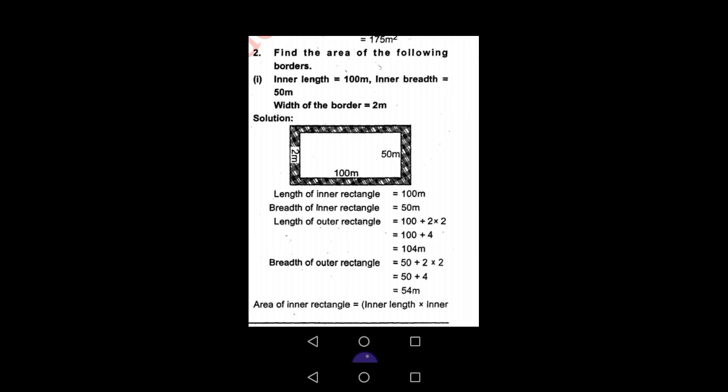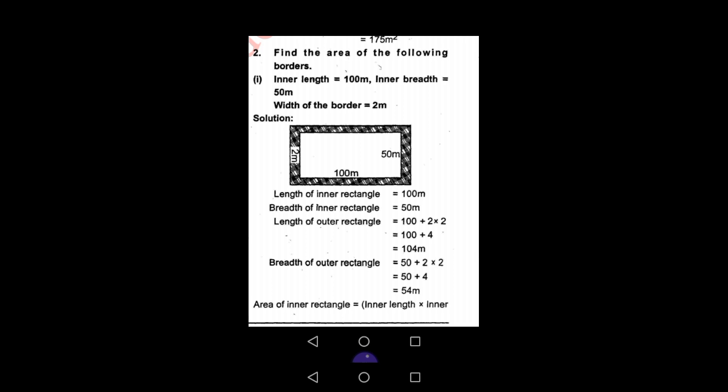Now we find out the length of the outer rectangle, which is equal to the length of the inner rectangle plus twice the width. When we put this value, we get 100 plus 2 into 2, which is 4.